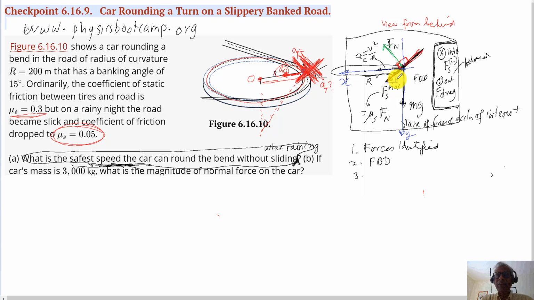If this is theta, then this angle is theta, then this angle is theta. So along the x, the equation will be, this is theta, so this is theta.